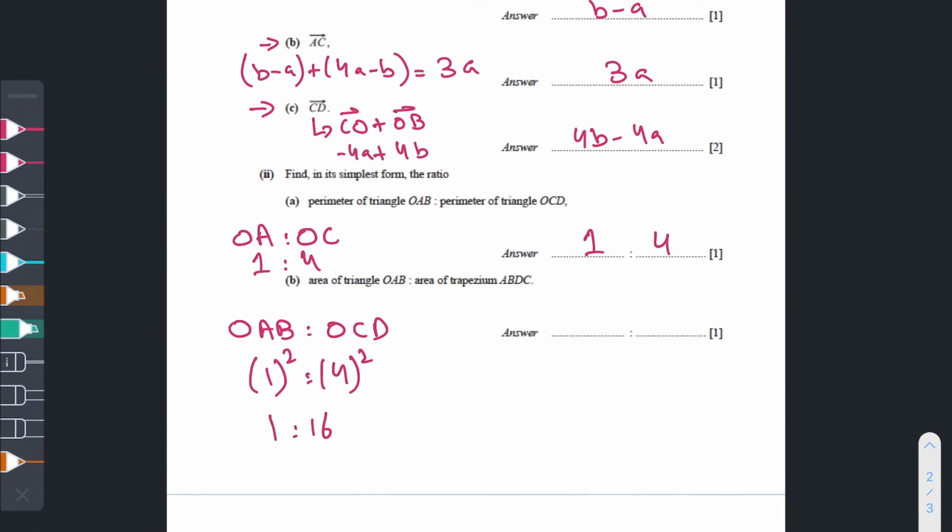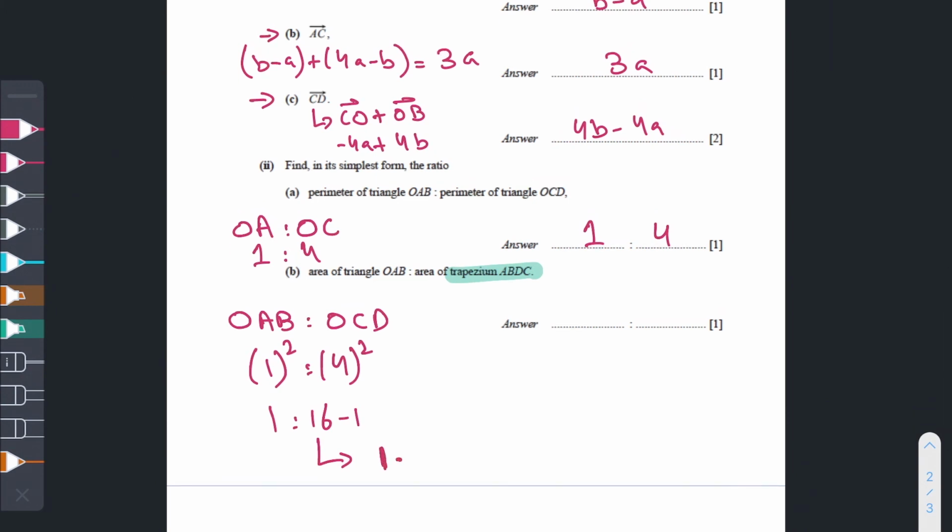But they have asked us for the trapezium ABDC. Therefore, you need to subtract the area of the triangle OAB from the entire triangle OCD. So the area of that smaller triangle is 1 unit. So you subtract 1 from 16 and your final answer, the ratio between OAB and ABDC, becomes 1:15. This is our final answer, 1:15, and we are done with the question.